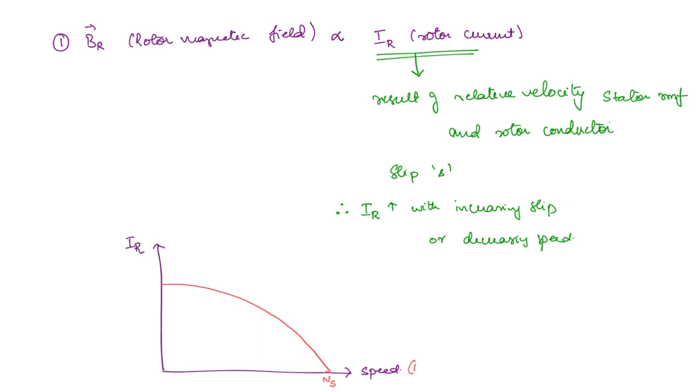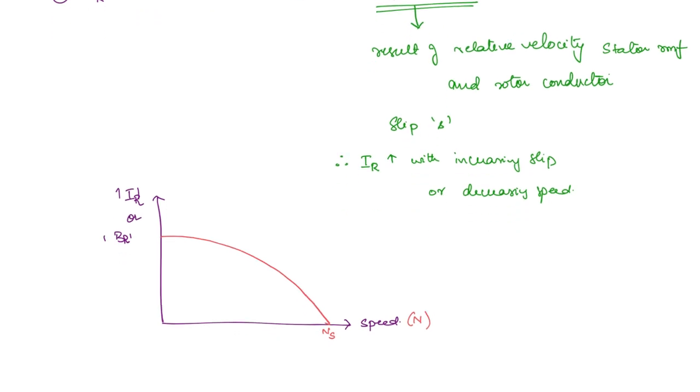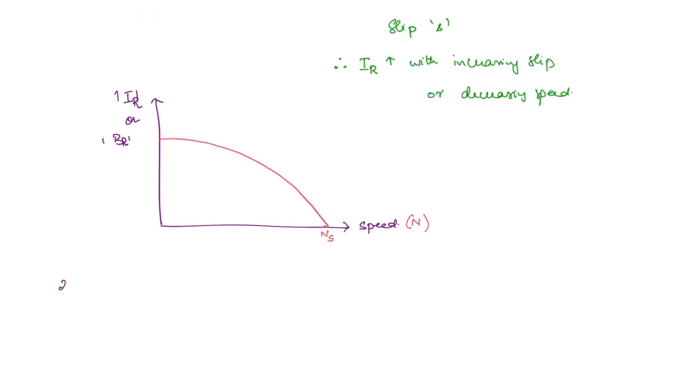This is the speed of the rotor. Since the rotor magnetic field is proportional to the rotor current, the same relation you can see with respect to the rotor magnetic field as well. So we will write BR as well. We are talking about the magnitudes here. Next is the net magnetic field, B net.